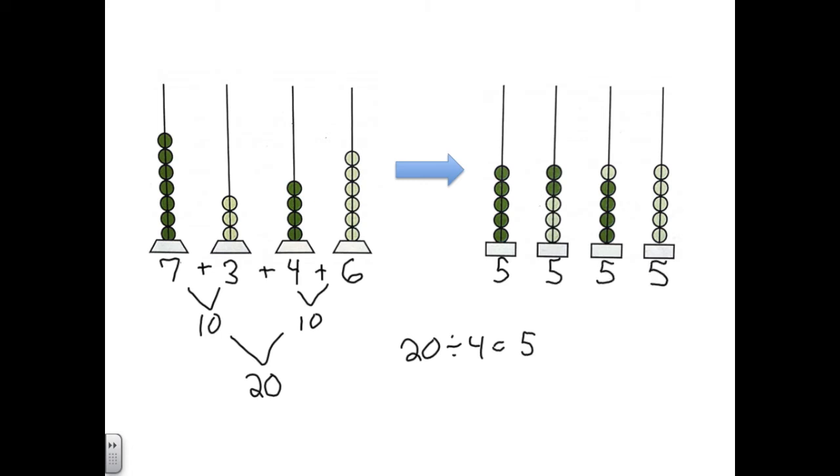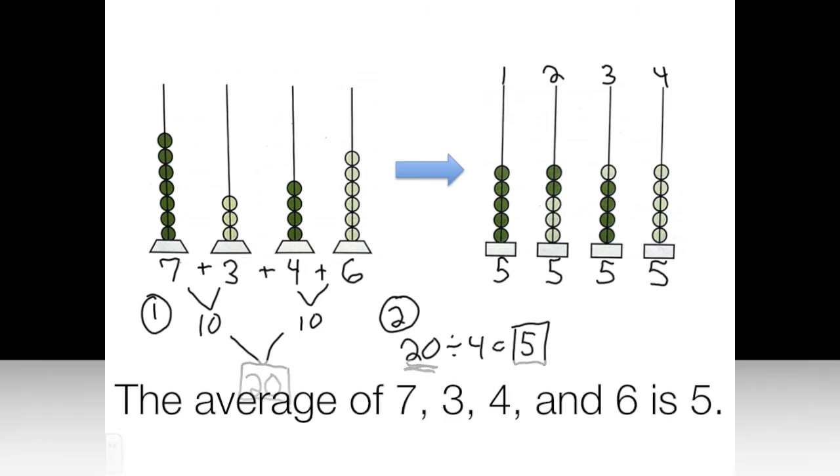So the sum of all the marbles we found was 20. This was our first step. And then our second step was to take the sum of 20 and divide it by the number of groups. We have 1, 2, 3, 4 groups. And we found that we could put 5 in each group. So the average of 7, 3, 4, and 6 is 5.